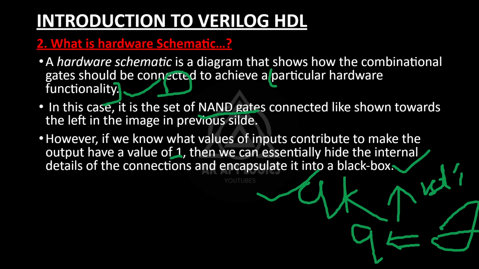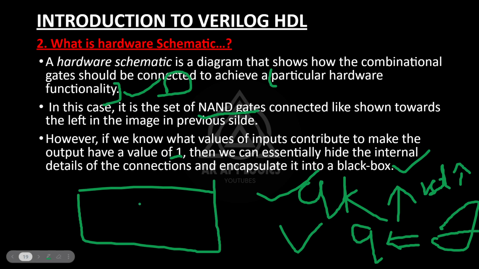You just know these details, and when clock is low, the output will be zero irrespective of the input or reset. So it's a functionality detail. When you know this, you don't need to know how the connections are made inside the block, how the NAND gates are connected to each other.